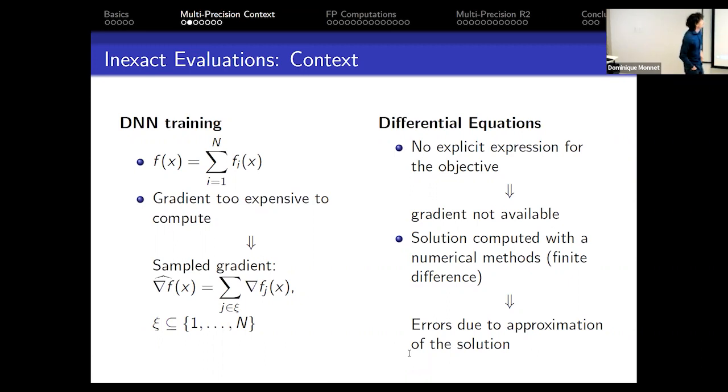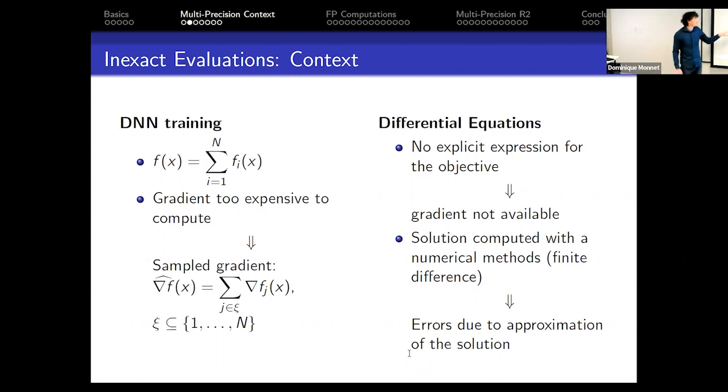Here n is the number of examples in the training set, and my objective function is the sum of the functions fi, which is the output of my neural network for each of these examples. The NNs are basically trained with the gradient descent algorithm, the one we just saw.